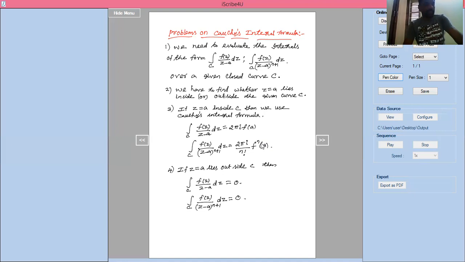This is by Cauchy's theorem. Using these concepts, we can simplify the problems.